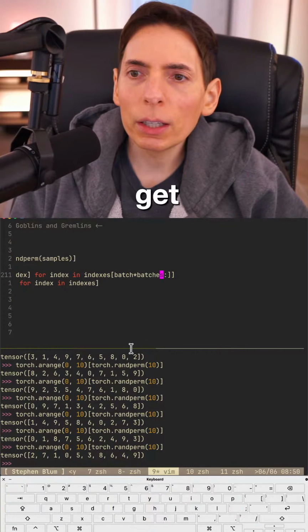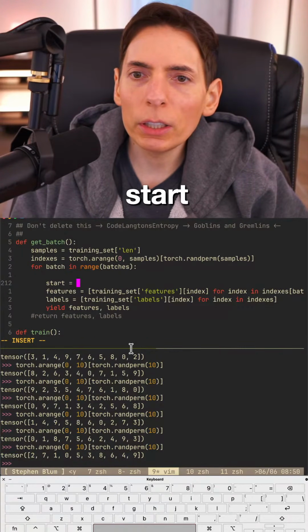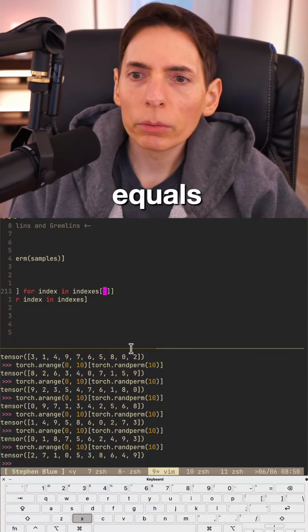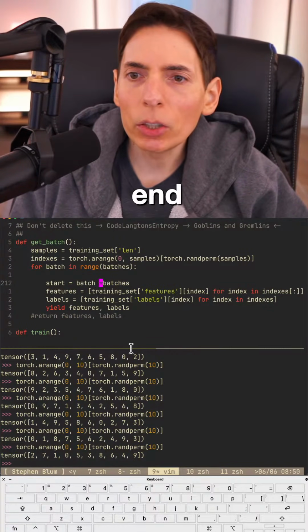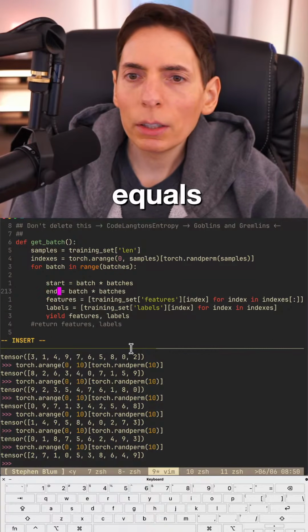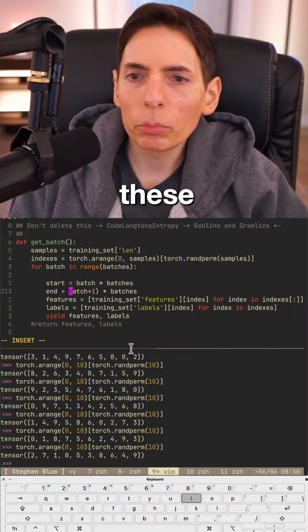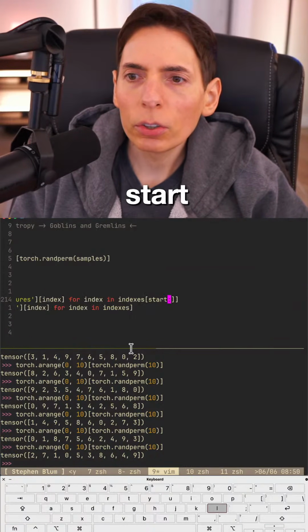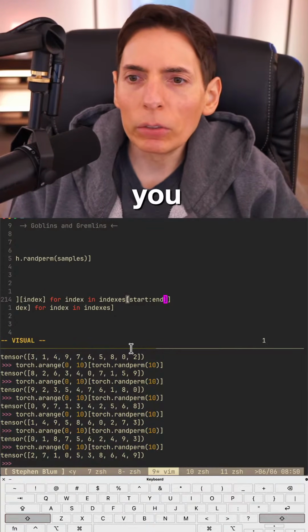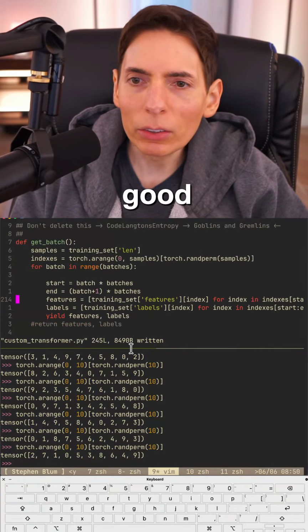So this will get the start. Here, let's do this. I've got a better idea. Start equals. There we go. And then we're going to say end equals end plus 1. We got to put these in parentheses. We can say start, end, like that, right? Do you think that'll work? Does that look good, you guys?